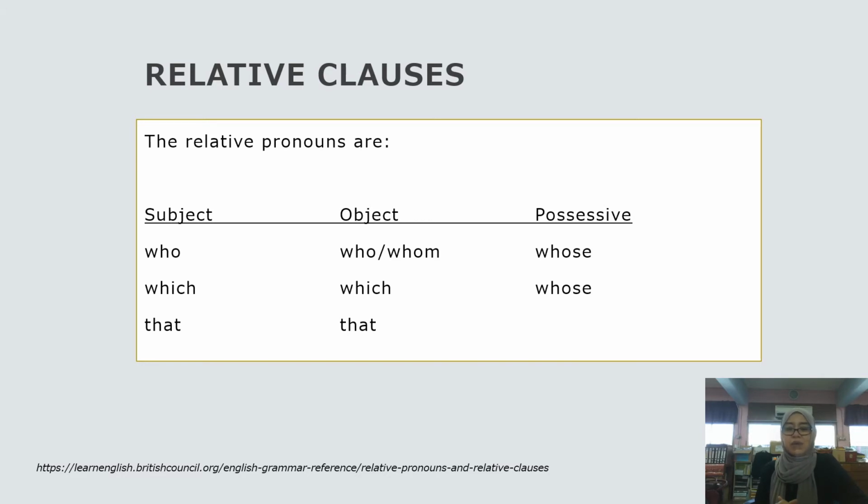When we come to object, we can use the relative pronouns like who, whom, which, and that. And for possessive pronouns, we normally use the word whose.